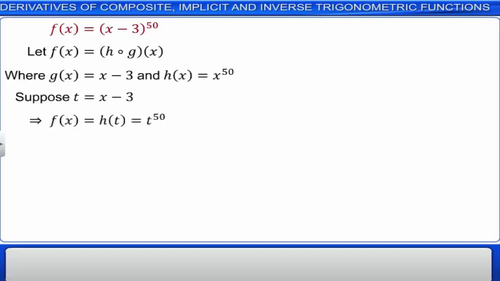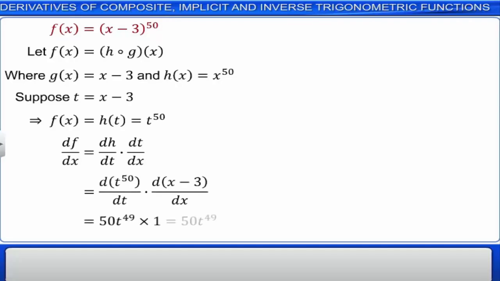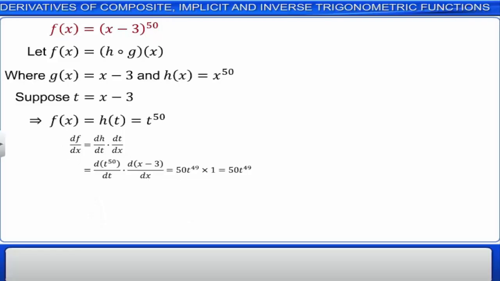By the chain rule, the derivative of f with respect to x is equal to the derivative of h with respect to t into the derivative of t with respect to x. Thus, df/dx = 50 t^49. On substituting the value of t, we get the derivative of f(x) with respect to x is equal to 50(x - 3)^49.